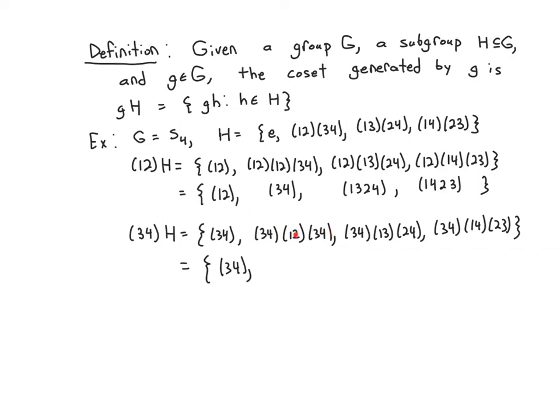You can calculate this. These 2 elements commute, and then the (3 4)s cancel. So I should get (1 2) here.